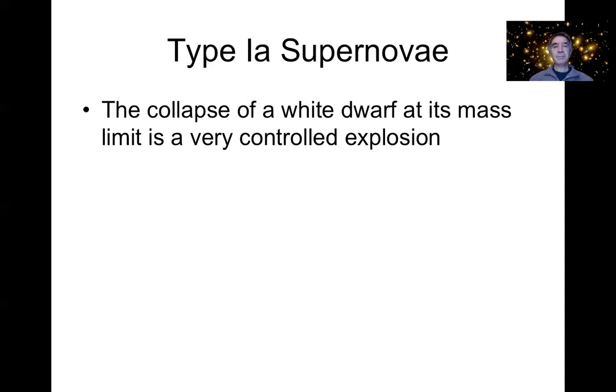So even though this is an extraordinarily energetic explosion, which you might think would be a very poorly calibratable event, in fact they will always have the same intrinsic brightness, because you're blowing up the same amount of mass in the same way each time. It's like a controlled explosion.